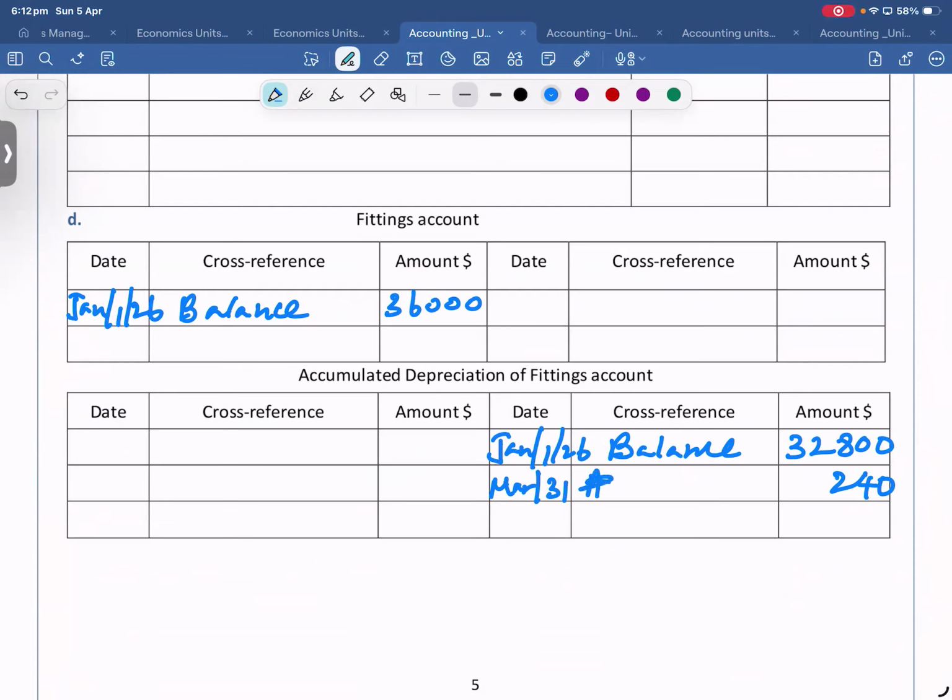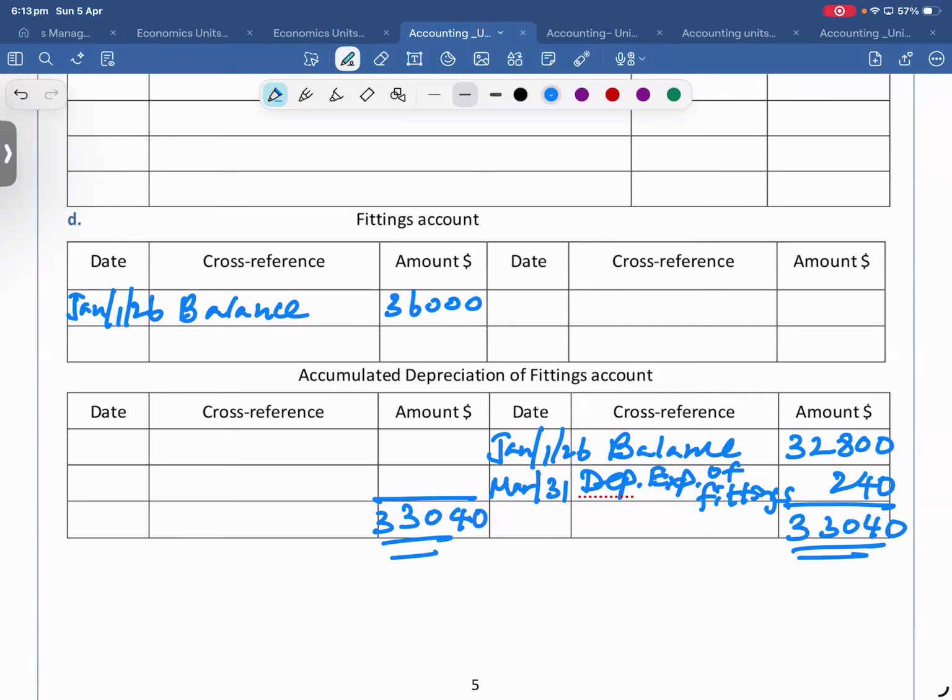I did the balance like on March like this, and I just put them together. No, this is how you have to put it. Okay, so you are going to 33,040. You are going to transfer it to March 31st, 26, disposal of fittings.